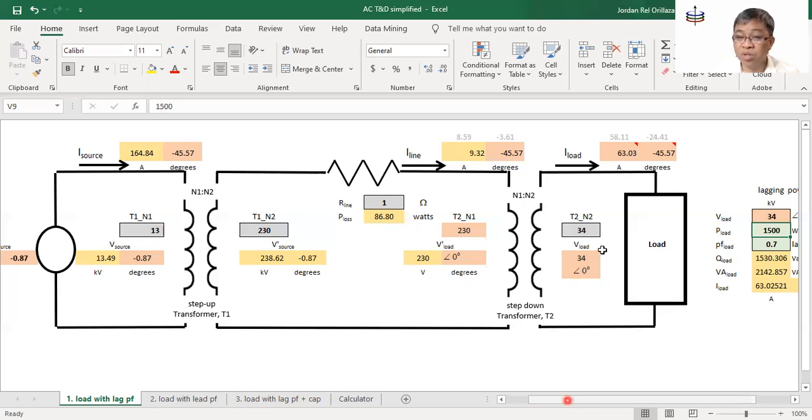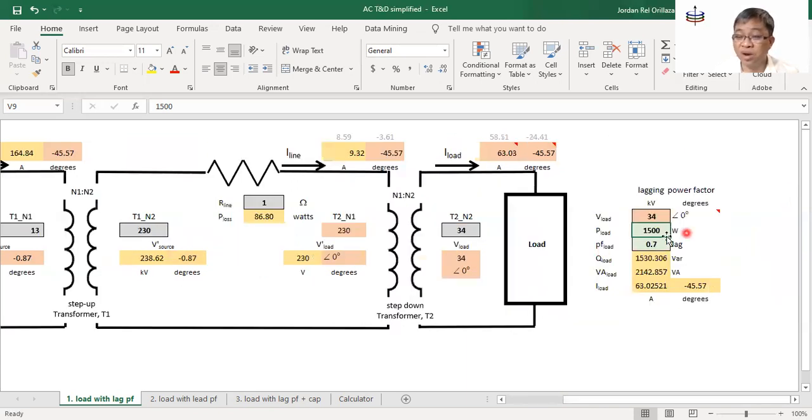Likewise, for the load, we can play around with the gray values. Right now, we've set a 1,500 watt load with a power factor of 0.7 lagging. This sheet here is for a load with a lagging power factor. There's another sheet there for a leading power factor. So we don't change these units and this notation here.